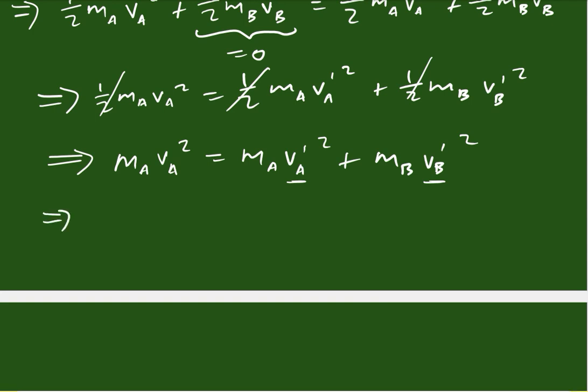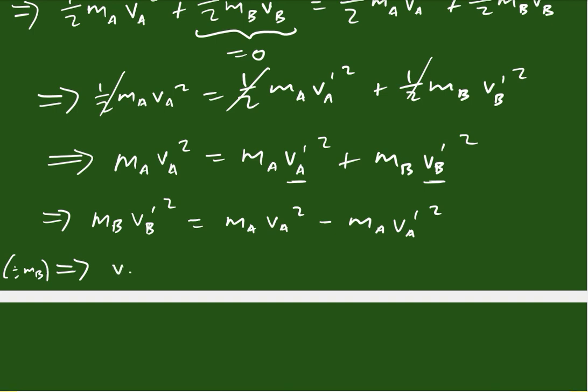Now upon further simplification, we get MB VB prime squared is equal to MA VA squared minus MA VA prime squared. So I just subtracted MA VA prime squared from both sides. And now we can divide through by MB. You can just put a comment if you want to, just to say divide by MB.